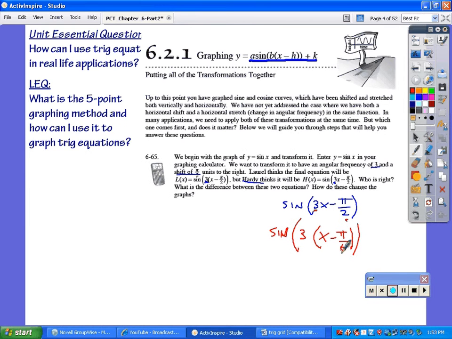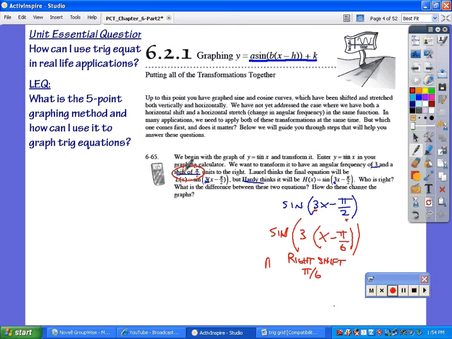So Hardy's equation actually has a right shift of pi over 6, not the desired shift of pi over 2.